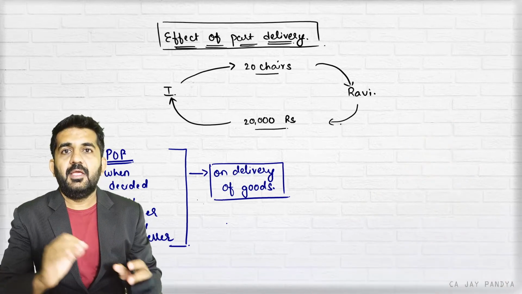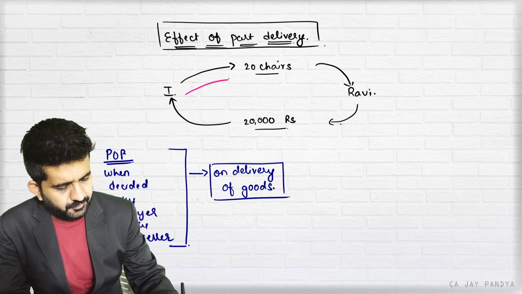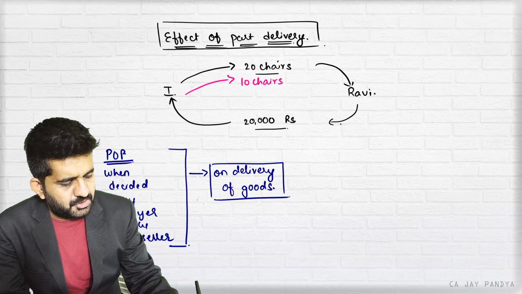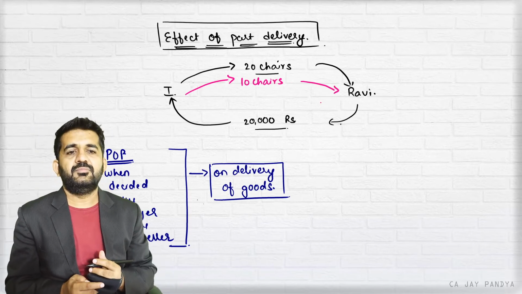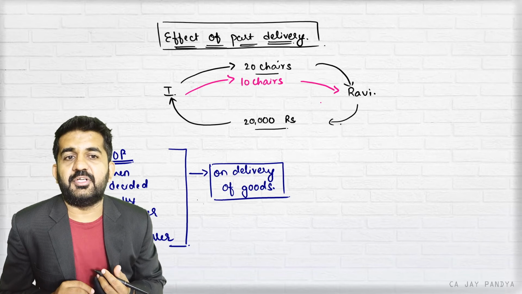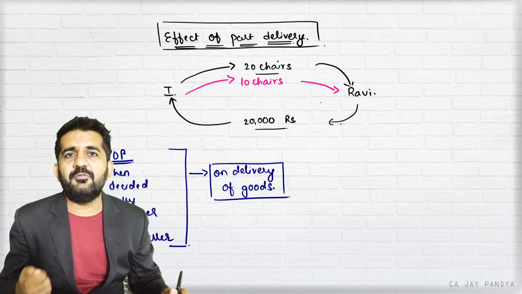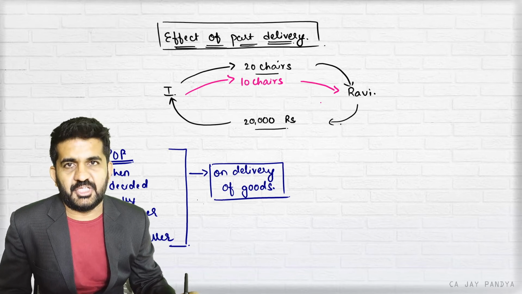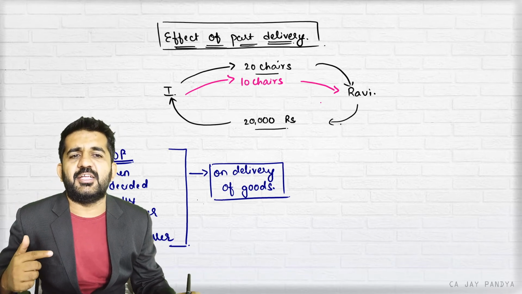Concentrate. I delivered 10 chairs to Ravi. Now Ravi is telephoning me and saying, sir, I have received only 10 chairs. I am telling Ravi that the other 10 chairs are in transit.